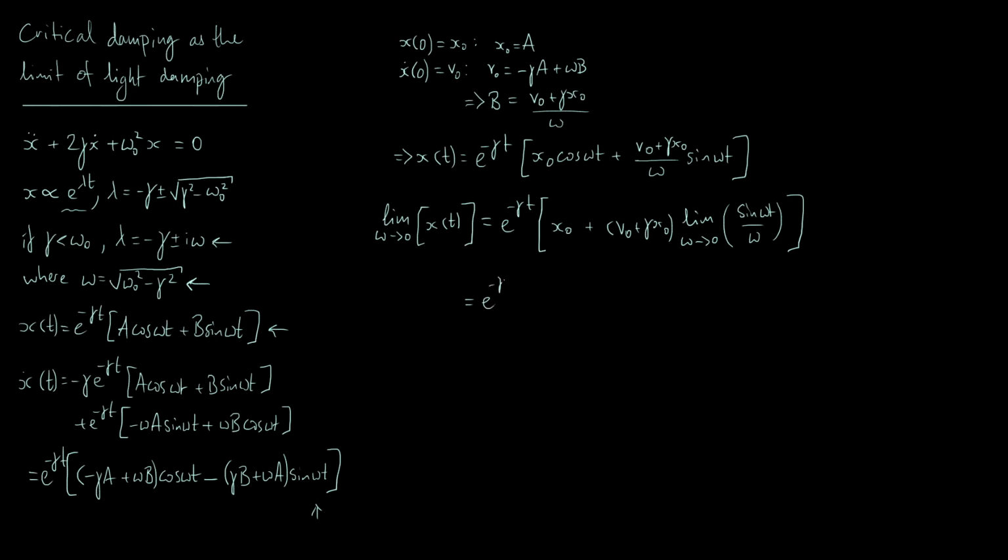That's going to be e to the minus gamma t. So this x naught is still there, and then this v naught plus gamma x naught is still there. So what we want to do is differentiate both the numerator and the denominator of this fraction with respect to omega. So if we differentiate the top, we're going to get a cos, right? But then from the chain rule, we're going to have a factor of t out the front.